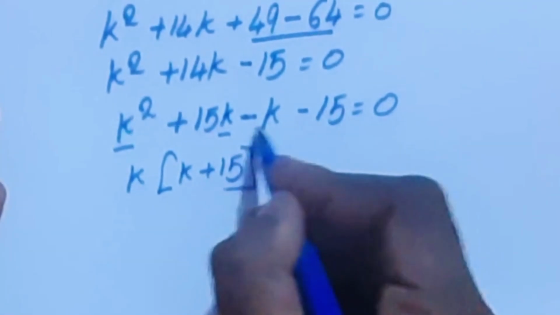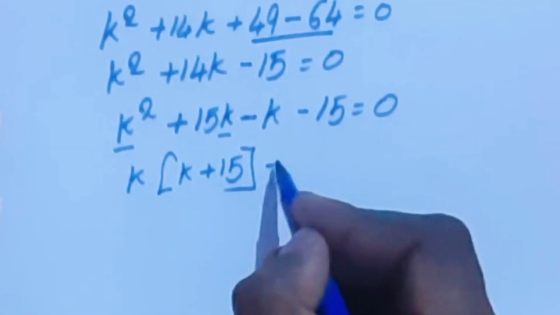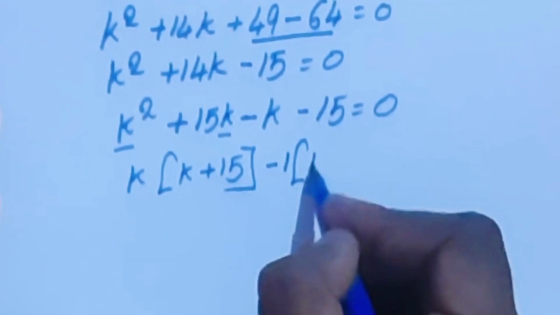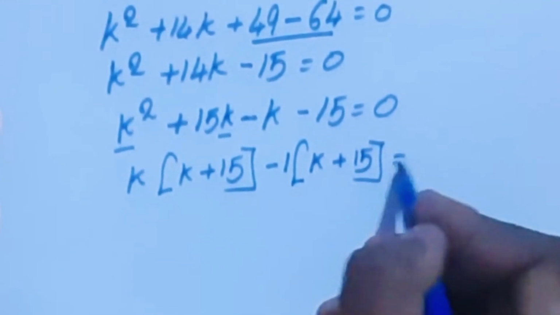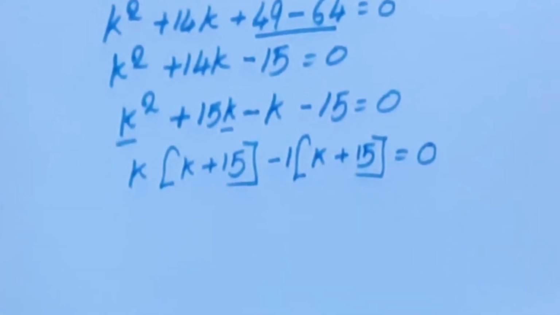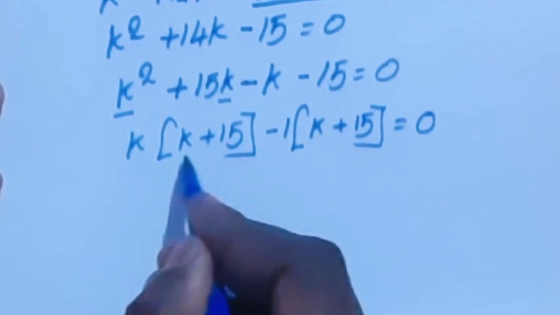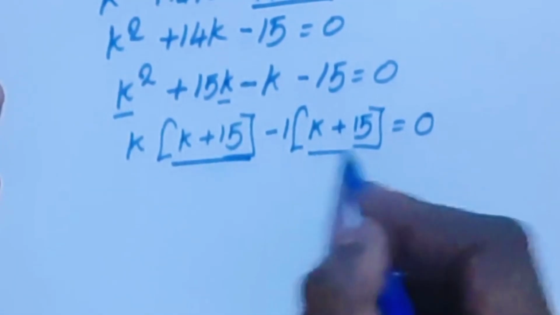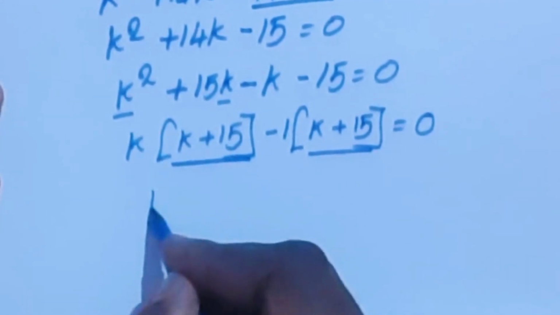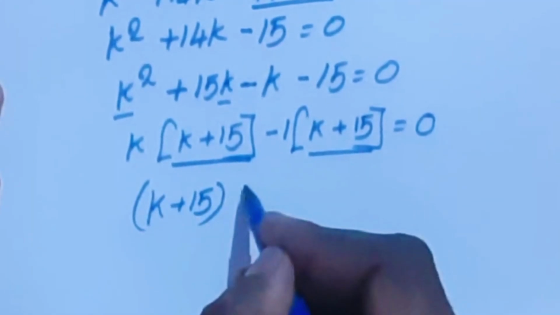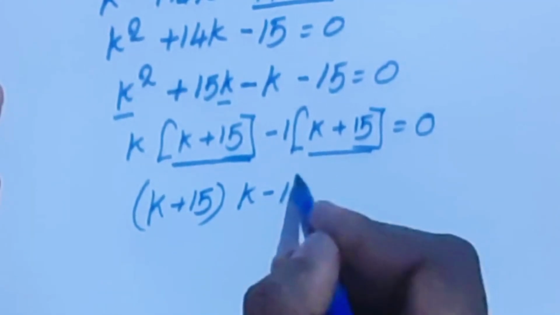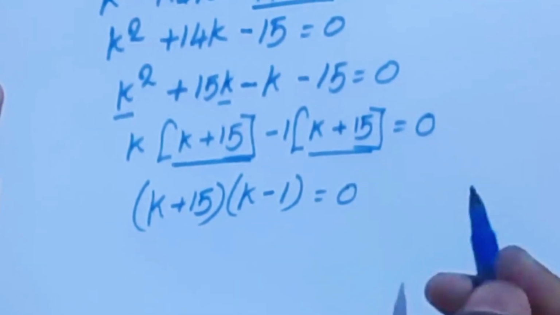Here we are going to take minus 1 common out, so -1(k + 15) equal to 0. Here we are going to take (k + 15) common out, so (k + 15), and remaining is (k - 1), equal to 0.